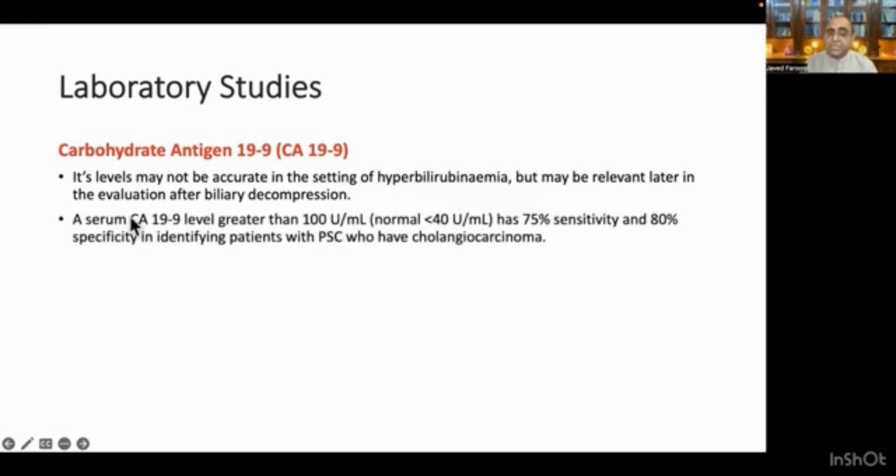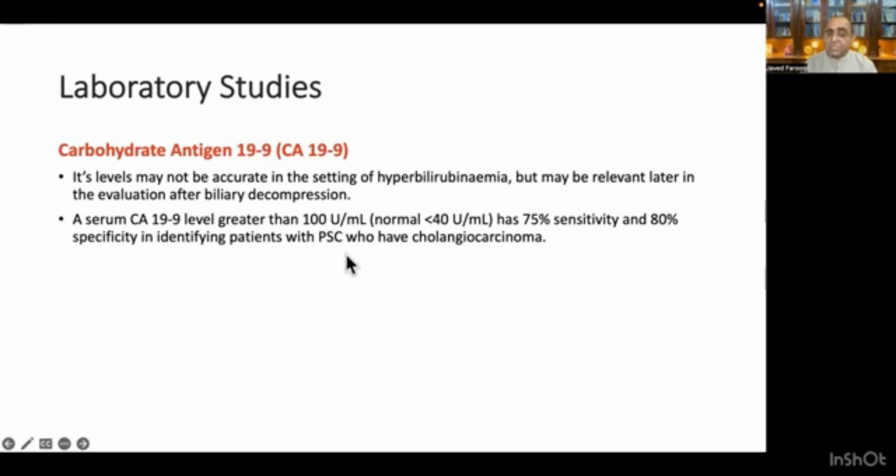A serum CA 19-9 level greater than 100 units per ml, remember normal is less than 40 units per ml, has 75% sensitivity and 80% specificity in identifying patients with primary sclerosing cholangitis who have cholangiocarcinoma.